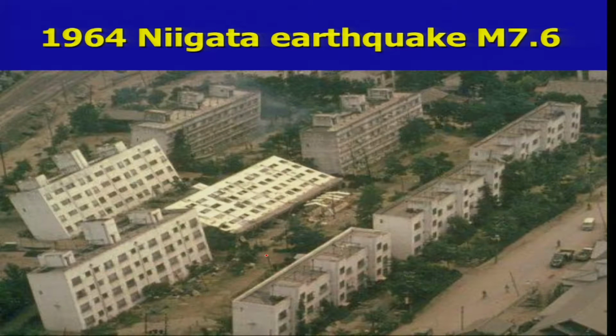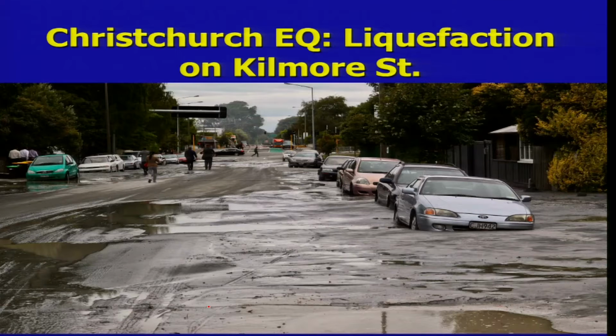So, this is again an example of liquefaction. The land, or the surface, lost its shear strength because of strong seismic shaking, which resulted in liquefaction. This is liquefaction from New Zealand, the Christchurch earthquake. A lot of sand came onto the surface along with the water.